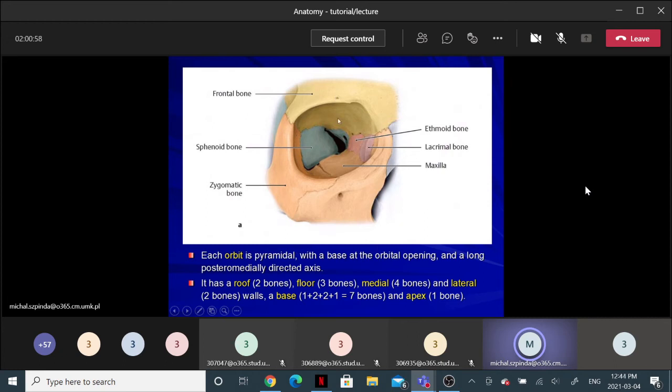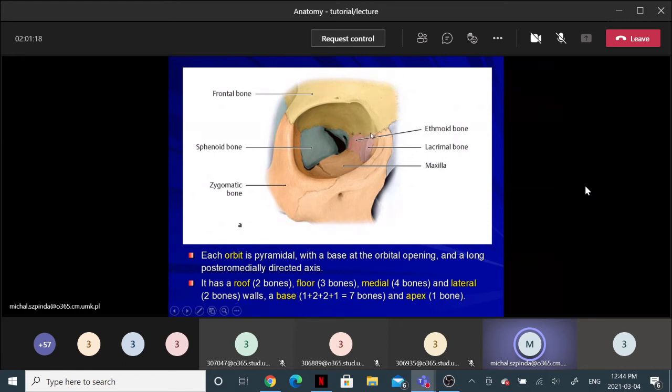Do we have any foramina just here, at the top of the orbit? There is the optic canal. The optic canal joins the orbit with the middle cranial fossa.